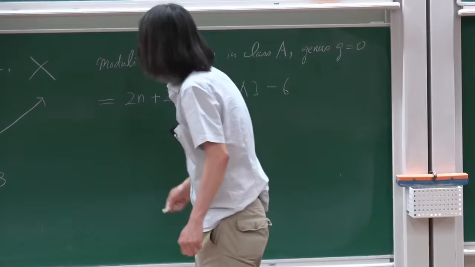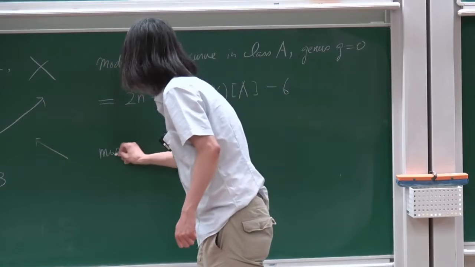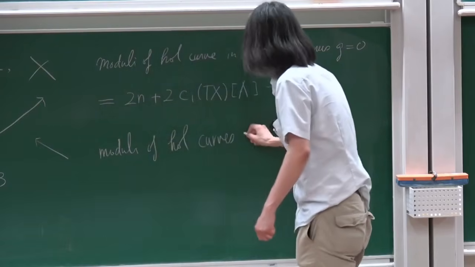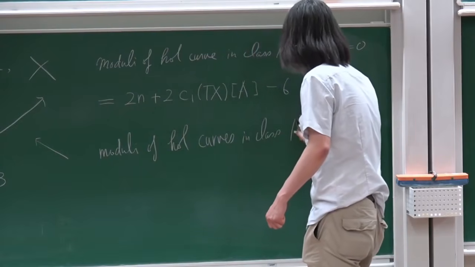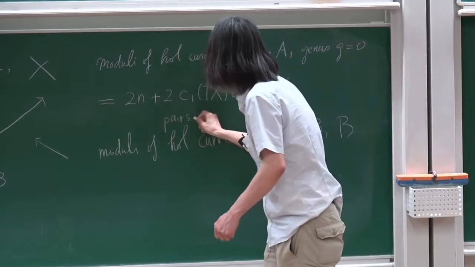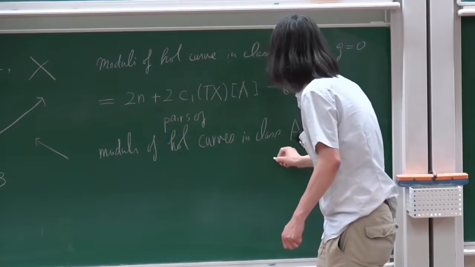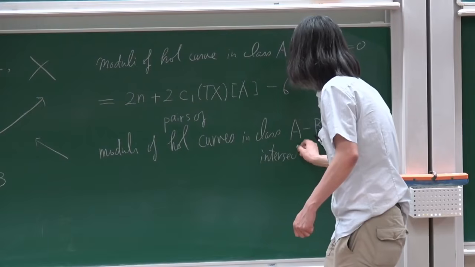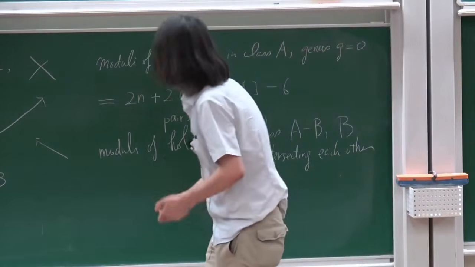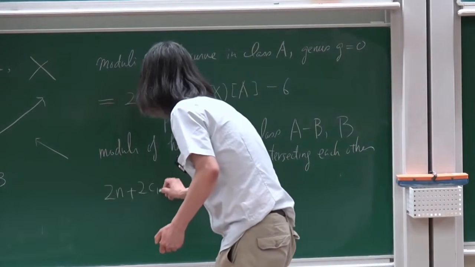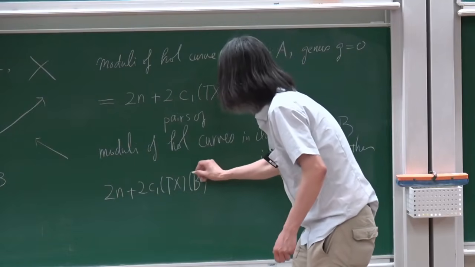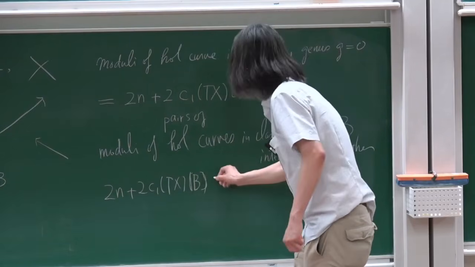And for this one, the moduli of holomorphic curves in class A minus B and B, pairs of holomorphic curves intersecting each other, this one is actually 2n plus 2c1(TX)(B), and then plus 2, so minus 4.